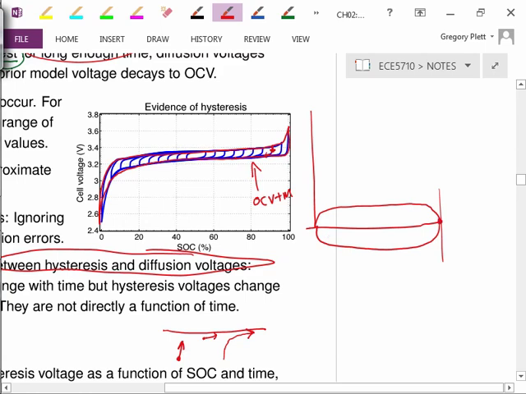It closes at 0% and 100%, and then it is roughly some constant in between. So this would be plus magnitude of M, and this is minus magnitude of M down there.